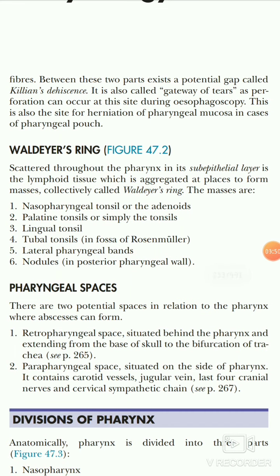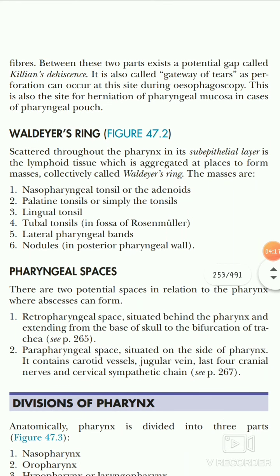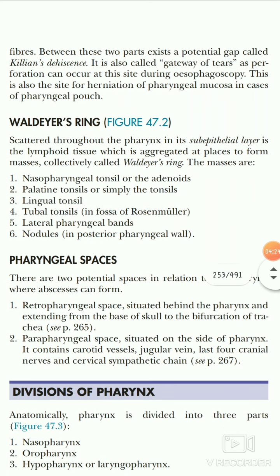Scattered throughout the pharynx in its subepithelial layer is lymphoid tissue, which is aggregated at places to form masses, collectively called Waldeyer's ring. The masses are nasopharyngeal tonsil or the adenoids, palatine tonsils or simply the tonsils, lingual tonsil, tubal tonsils in the fossa of Rosenmuller, lateral pharyngeal bands, and nodules in the posterior pharyngeal wall.